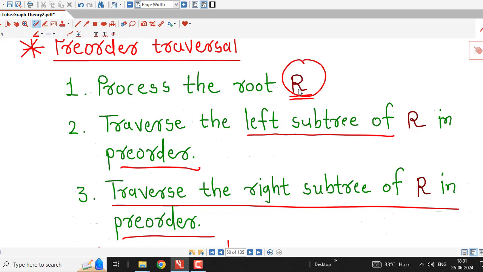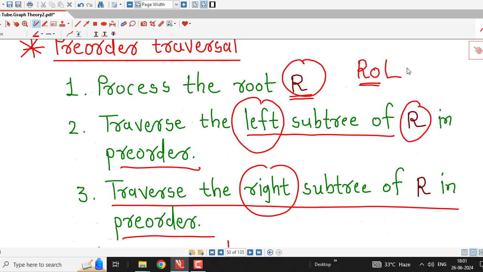We can remember this in this way: we start with the root, denoted RO; then the left subtree, denoted by capital L; and after that the right subtree, denoted by capital R.